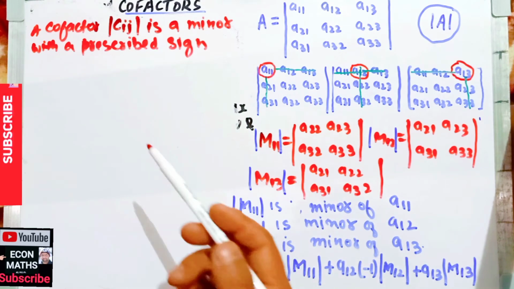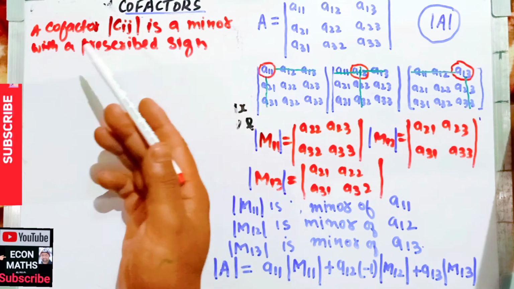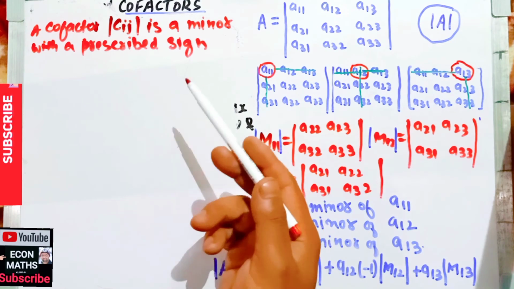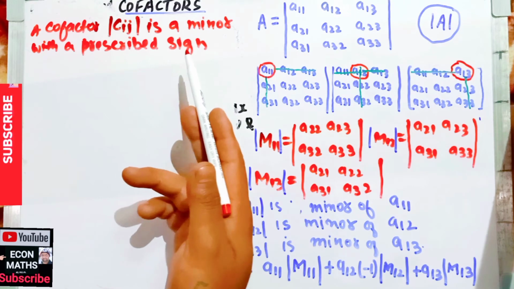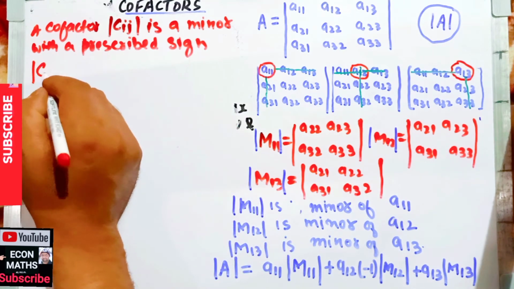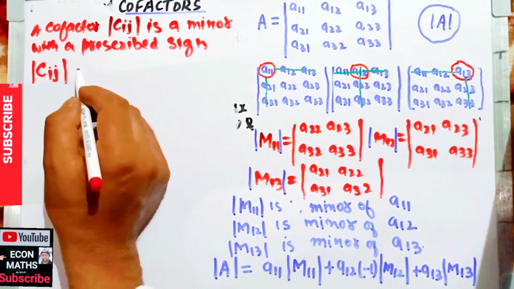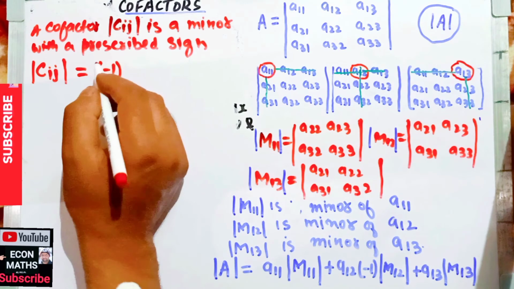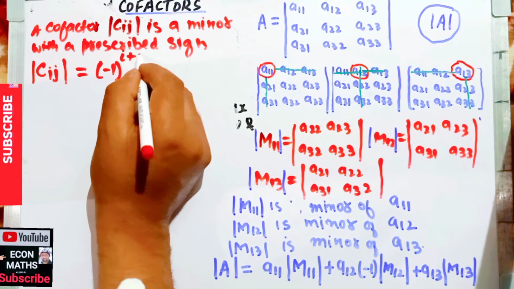That is, a cofactor is a minor, but there is a definite sign given, or a prescribed sign given. The rule for sign of a cofactor is, if this is Cij, the cofactor, then the sign of this cofactor is given by -1 raised to the power i plus j.